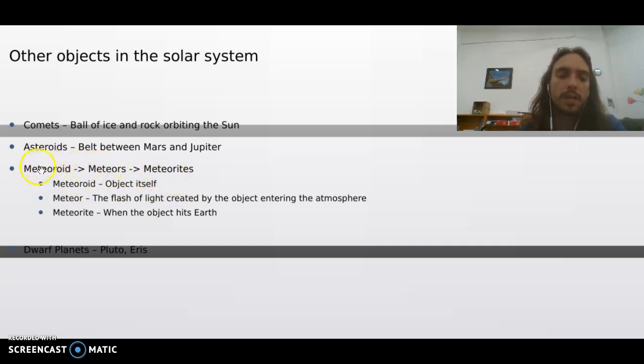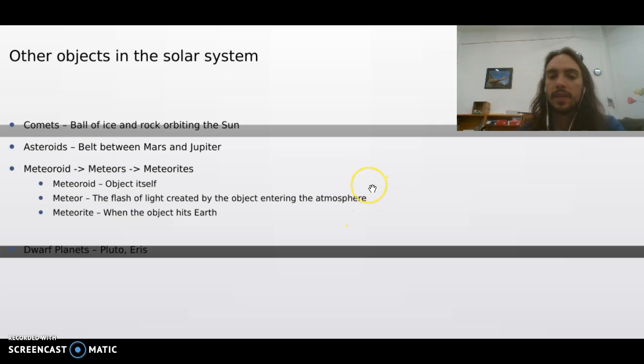When that object goes into the atmosphere of the Earth, we get a flash of light and a lot of heat. So we call that a meteor. So the meteor is when a meteoroid gets into the atmosphere of the Earth or of another planet, say Venus, and it creates a flash of light and intense heat. So normally when those meteors occur, they burn up very, very quickly. So when you see a shooting star, that's kind of the thing that you're looking at.